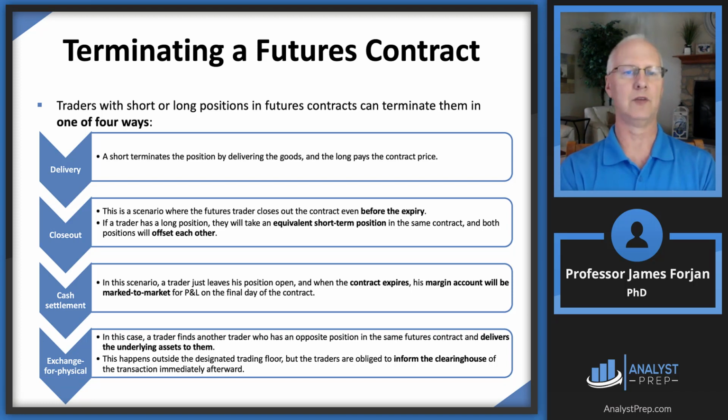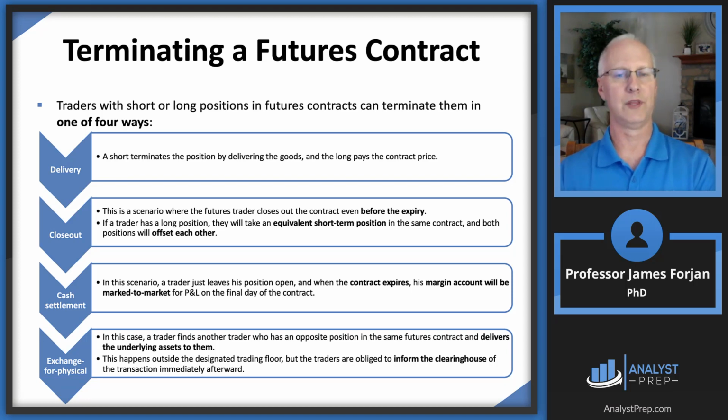A closeout is a scenario under which the futures trader just closes it out, either today or tomorrow or any time before the maturity date of the contract. Essentially, if you have the long position, you just pick up the phone and call the clearinghouse or your broker and say, hey, I want an equivalent short position. And what those things do is cancel each other.